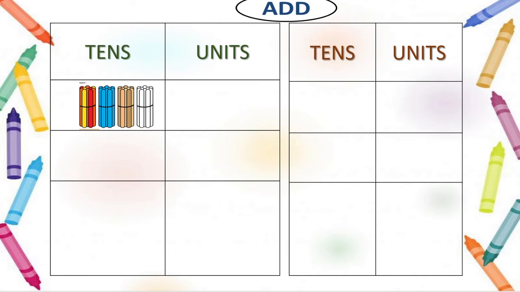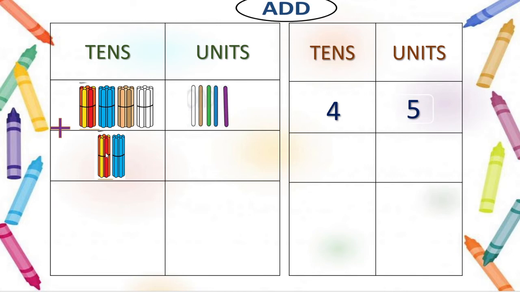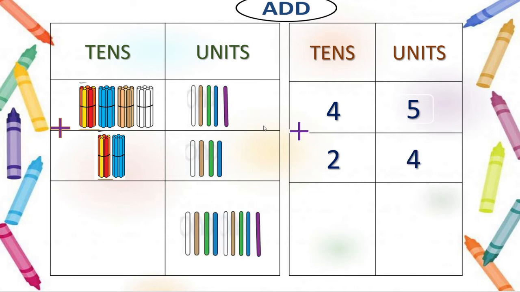Now one more here. 4 tens and 5 units. Plus 2 tens and yes, 4 units. Okay. Now our answer is 5 units plus 4 units is equal to how many? 9 units, right?